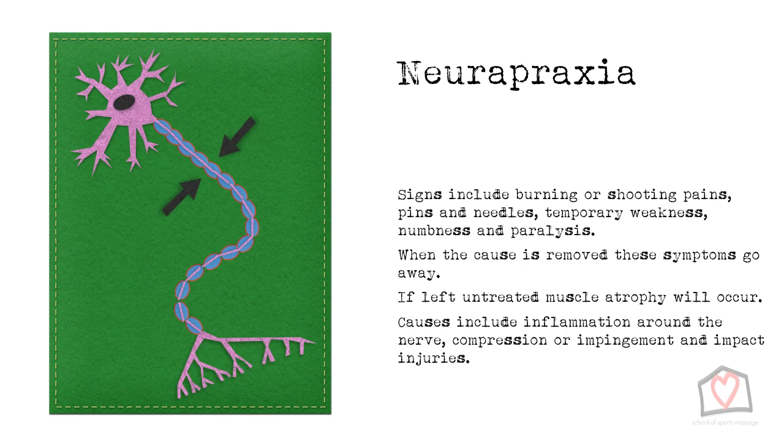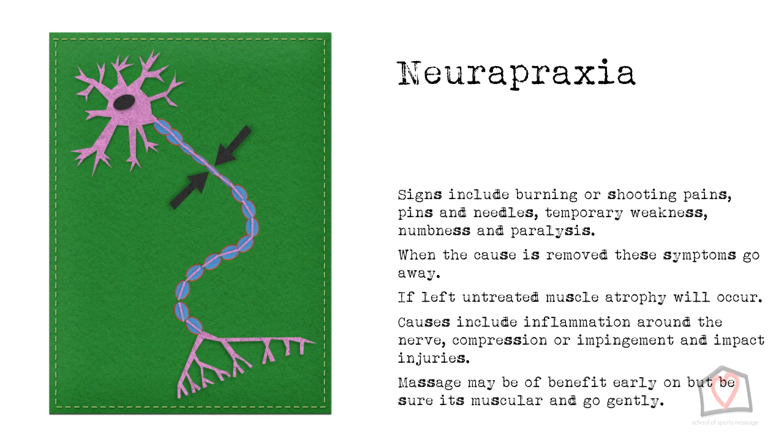Various forms of compression or impingement, such as muscles becoming too tight. Impact injuries can cause bruising and or inflammation and ischemia. Depending on the cause, the sports massage therapist may be of benefit quite early on, but you have to be sure it's muscular, and you have to go gently if the nerve has been trapped. It can become very sensitive and even hypersensitive.